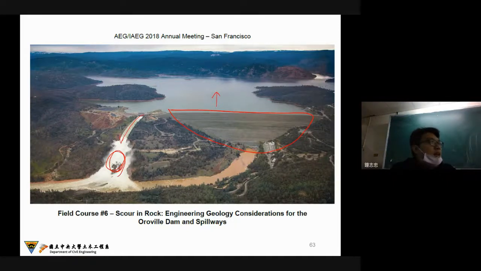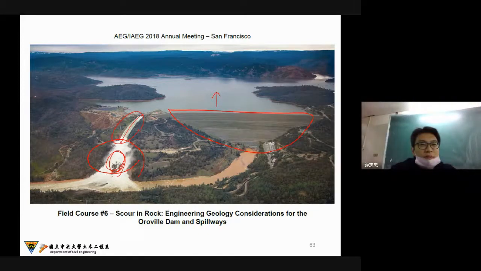Maybe later I can show you the detail. This means that if they kept continuing the flushing by the spillway, this area might have a big landslide, and it might lead to a big problem of dam breach in this area.